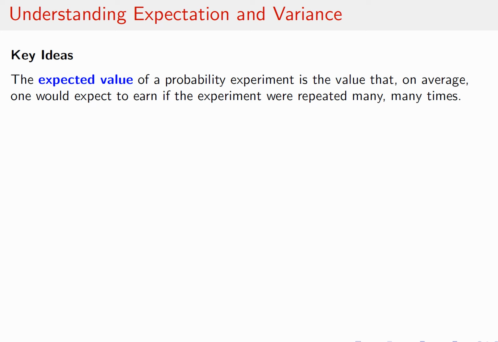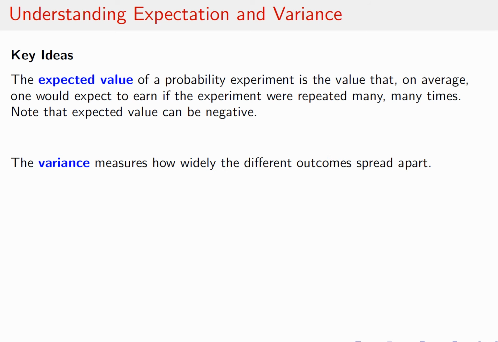Okay, and again, the long-term expectation is what we mean by expected value: if we repeat the probability experiment over and over and over, the expected value is what we will see happen on average over the long term. And be careful, because expected values can be negative.